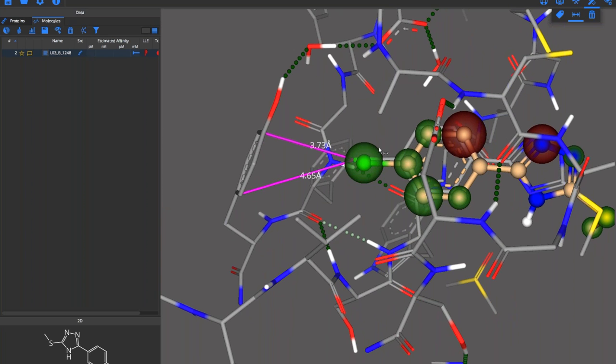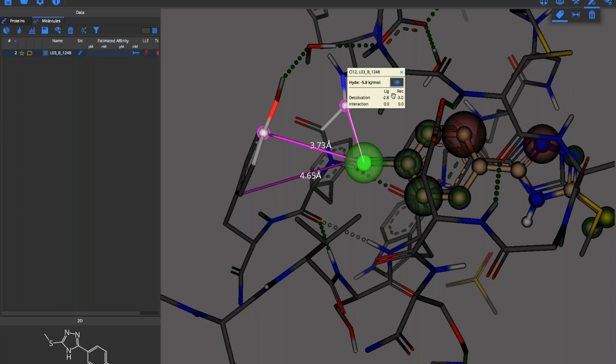Because if we look at the chlorine here, the chlorine bears a lot of a green affinity corona, which means that this atom contributes quite a lot to the affinity, and it does that through the desolvation, the dehydration, I should rather say, minus 2.8 from the chlorine and minus 3.0 for the receptor.